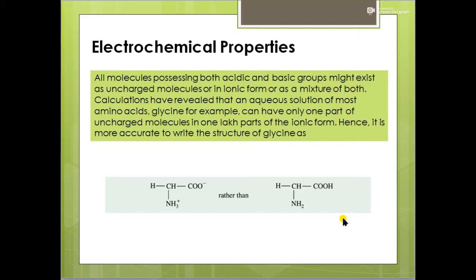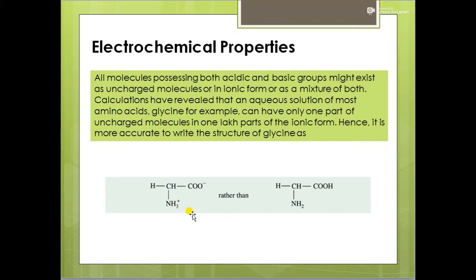Now coming to the amino acid, it has an NH2 group, a basic group, as well as an acidic group. But when it is in solution, it prefers to exist in this ionic form, where COO minus is written and the proton is given to NH2, resulting in the formation of NH3 plus.